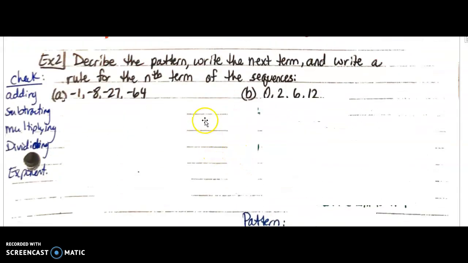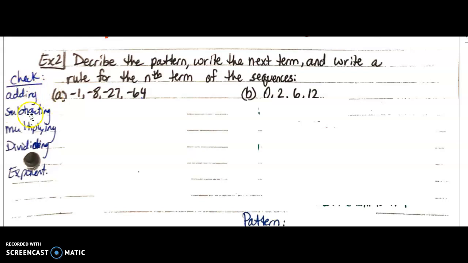When we take a look at a list of numbers, we want to start thinking about them with their placements. So over here, I have negative 1, negative 8, negative 27, negative 64. Negative 1 is the first term of our sequence. Negative 8 is the second term. Negative 27 is the third term. Negative 64 is the fourth term.